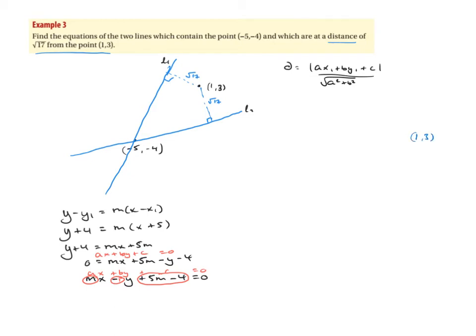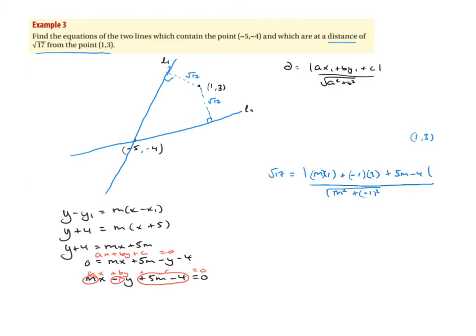I'm now going to start substituting in everything I know. So I know that root 17 is equal to the modulus of, well, a is, remember, we're using this down here, so a is equal to m. So I have m by x1, and x1 here is 1, plus b, which is minus 1, because it's what's in front of the y, by y1, which is 3, that's the y coordinate, plus c, so it's plus 5m minus 4, all modulus, and that's over the square root of m squared plus minus 1 all squared.